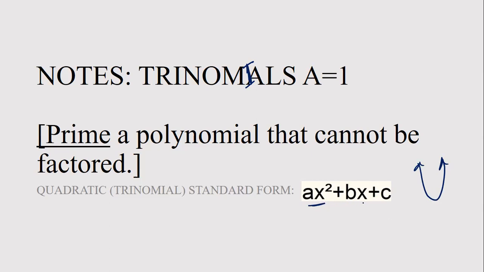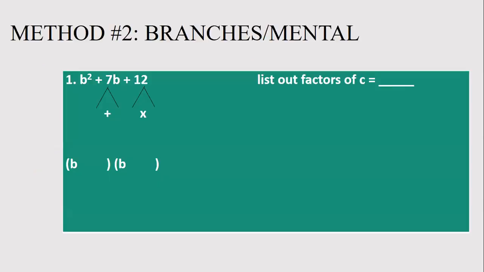Your b coefficient is always with your x, and your c is always going to be your constant, your number. Solo. Got it? All right, so this is important to remember where everything is. We're going to talk about factoring trinomials. The reason we factor trinomials or polynomials in general is usually to find an x-intercept, a solution.